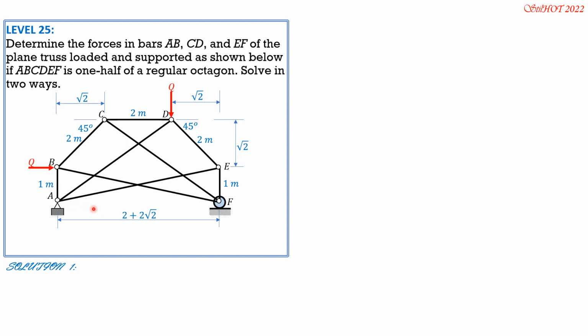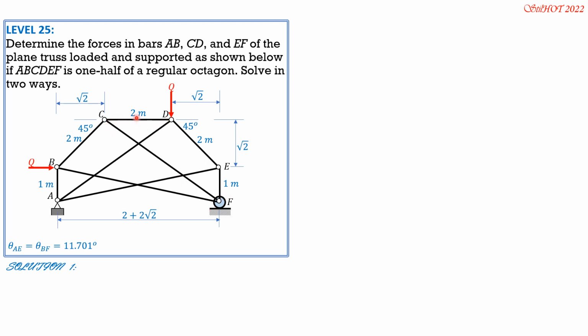So we can now solve theta AE, which is equal to theta BF also. Tangent of theta AE is 1 over 2 plus 2 square root of 2. So theta AE, which is equal to theta BF, is 11.701 degrees. Again, this is arctan of 1 meter over 2 plus 2 square root of 2. Then tangent of theta AD is equal to theta CF.